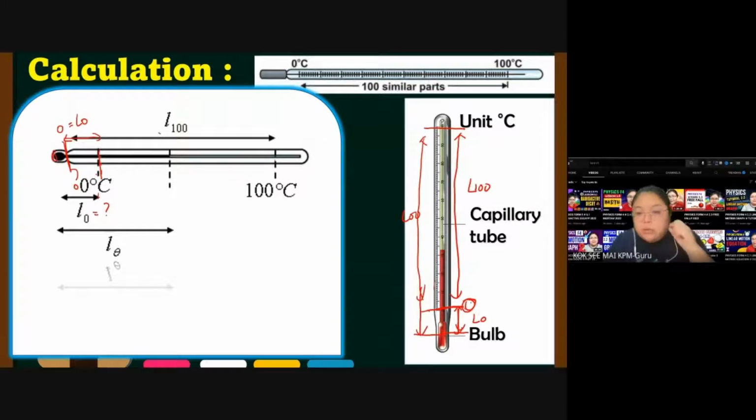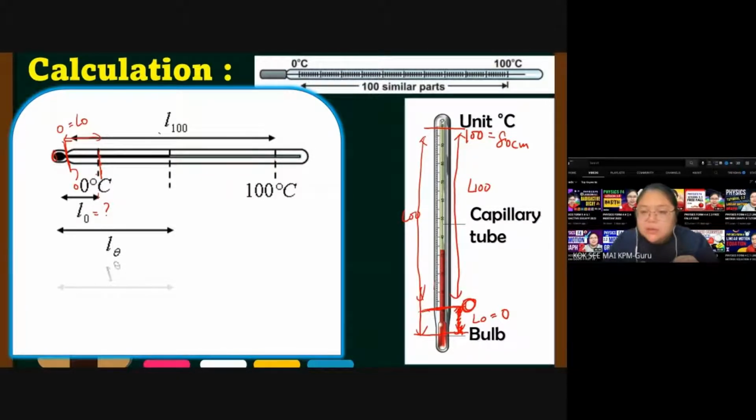What is the wrong thing? If the bottom is nothing, the question never shows anything. They just show like this. 0 starts from here, 100 is here. Your L0 equals 0. So L100, I don't know how many, depends how many cm, maybe 80 cm. This one we call L100, then the L0 is 0.